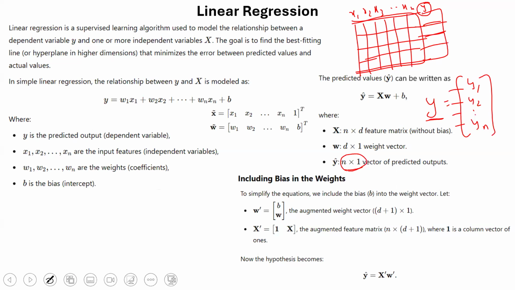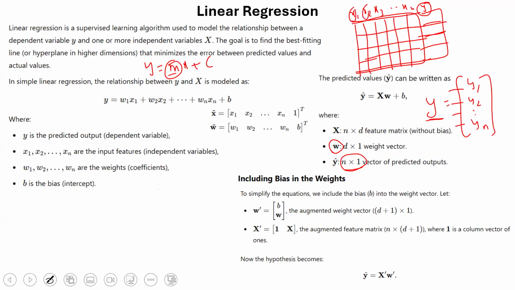What about w? W is nothing but a slope. If you consider one-dimensional data, it is y is equal to mx plus c. So this is W1. When you have more dimensions, this looks like W1 x1 plus W2 x2. This is one dimension, this is the second dimension.